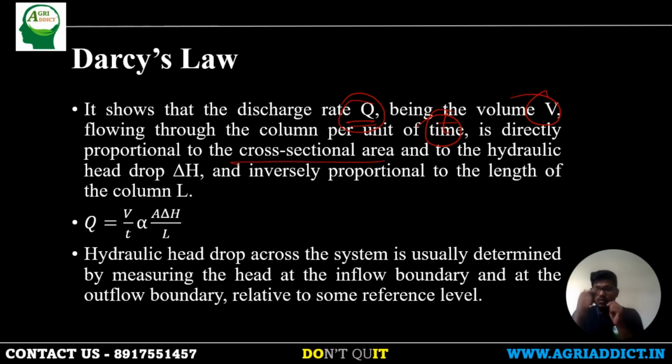So whatever soil column is there has one cross-sectional area A. If it is small, it will go a little slow. If it is big, it will go a little faster. And to the hydraulic head drop.